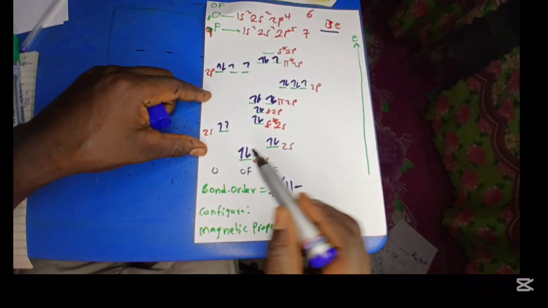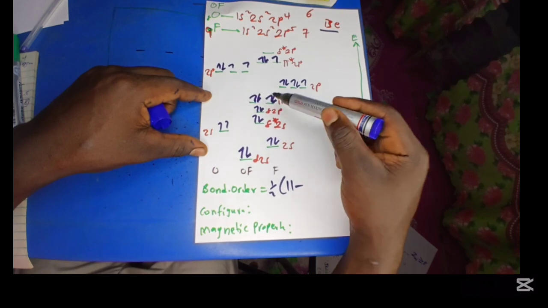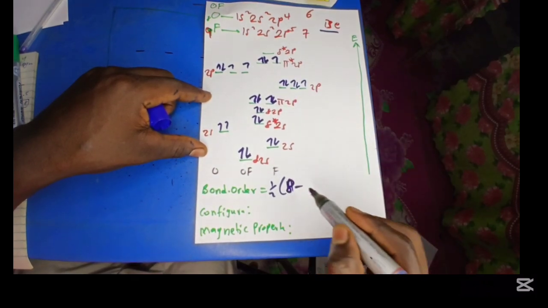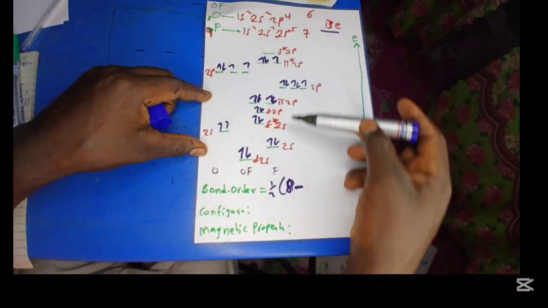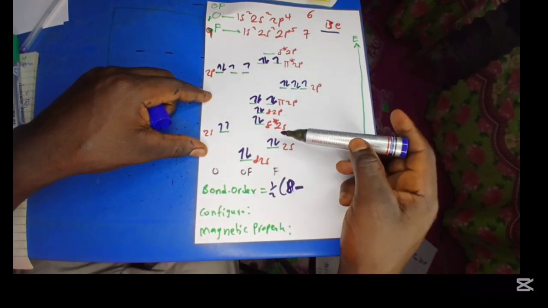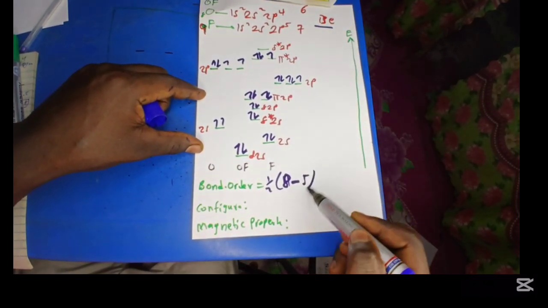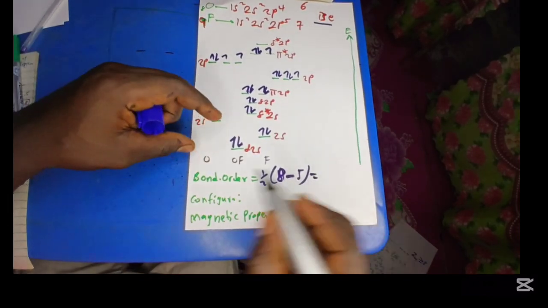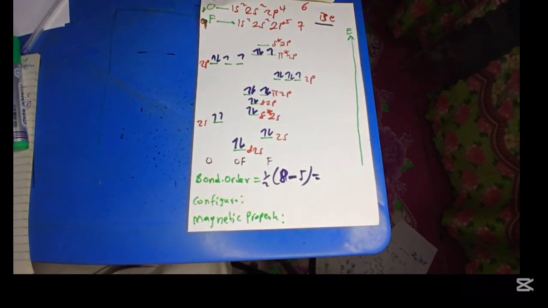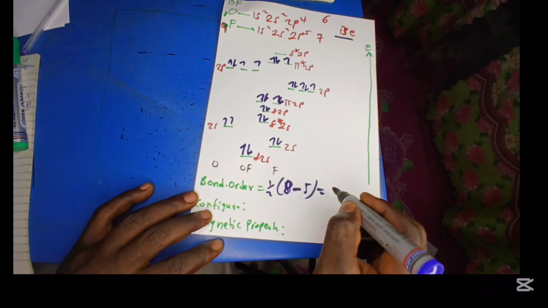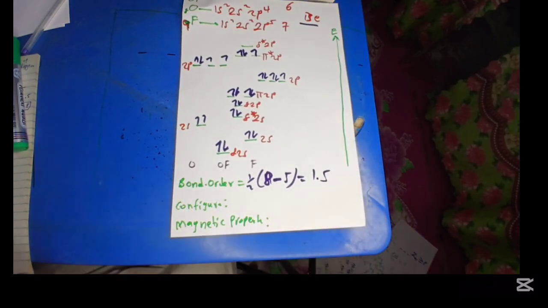So we have 1, 2, 3, 4, 5, 6, 7, 8. So it should be 8 minus the anti-bonding, those with asterisks. 1, 2, 3, 4, 5. So 5. If you simplify this, you are going to get 1.5.